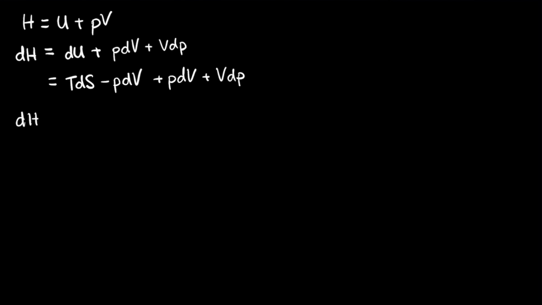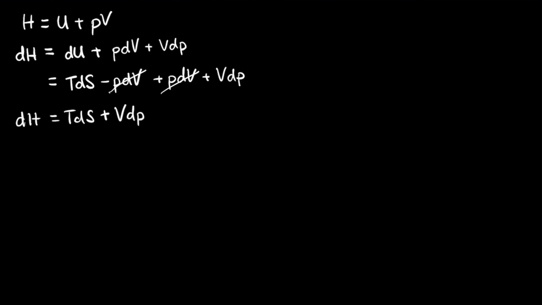Well, dH equals TdS minus PdV plus PdV. Well, that's just 0. So both these change in volume terms just cancel each other out. And so therefore, we get that the change in enthalpy is TdS plus VdP.